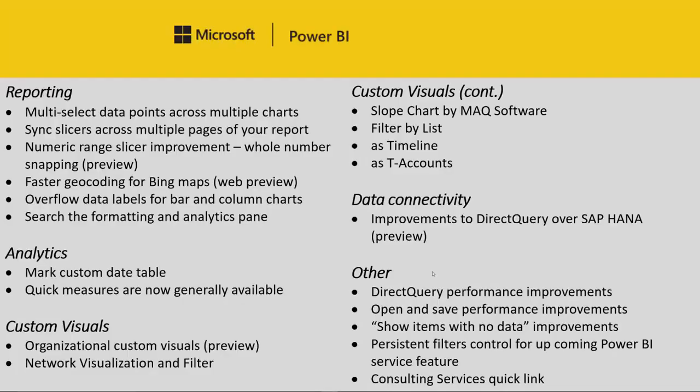The next feature in the analytics section is that quick measures is now generally available. It's been out for not quite a year. I think it went out in May of last year, sometime late spring, early summer, that we released our quick measures feature in preview.